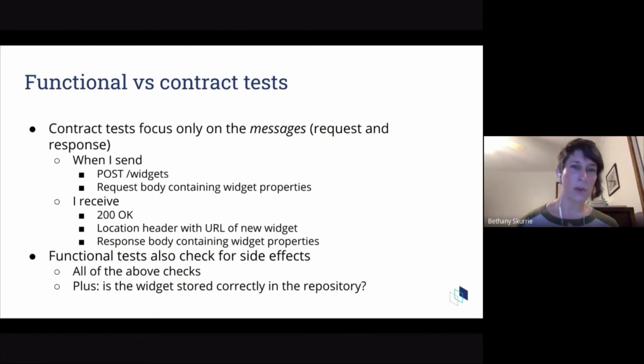So in the Pact test, we want to assert that we got the right HTTP response, that the location header of the new widget was there, and that the response body contained the widget properties. A functional test might test all of those things, but as well as that, it would check for side effects. So you'd probably say at the end of it, did this request increase the number of widgets stored in the repository by 1, or something like that.